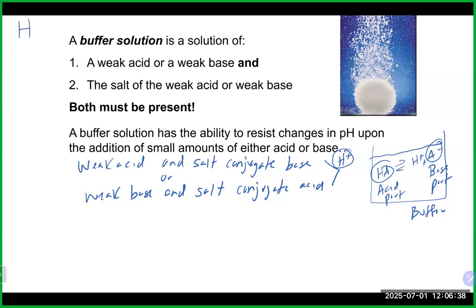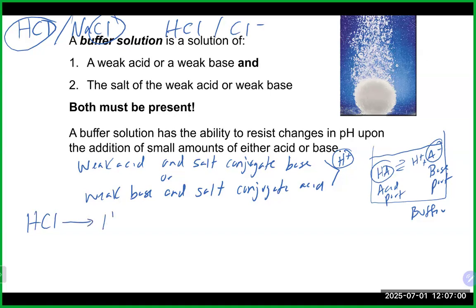Let's just say you wanted to make a buffer out of HCl and sodium chloride. You may say to yourself, well, they are related to each other. That's obviously HCl and Cl minus. So if you were going to make this as your buffer, what would happen is, because hydrochloric acid is a strong acid, it is going to 100% break apart into H plus and Cl minus.